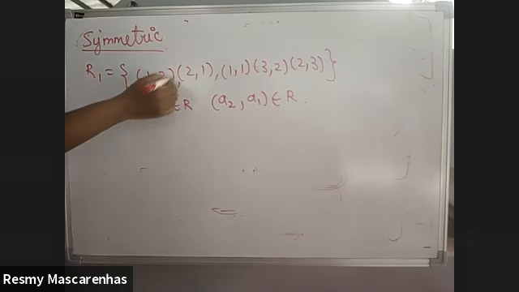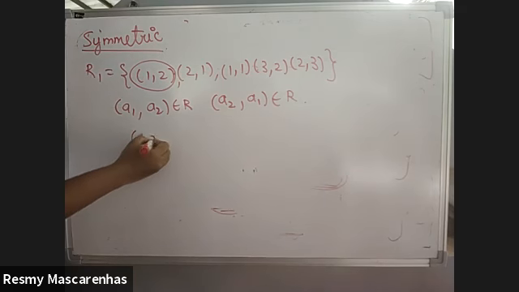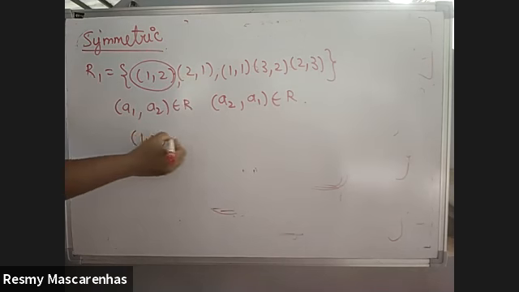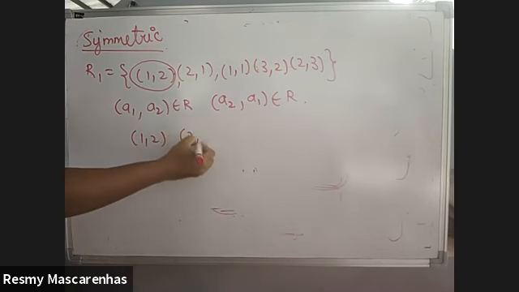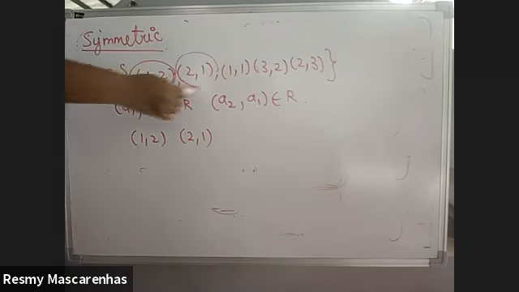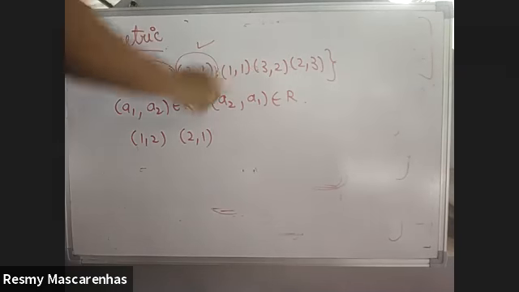So I'll take the first example. Look over here. What has been given? 1 comma 2 is there in that set. So you have to check whether its reverse is also there. What is the reverse of 1 comma 2? 2 comma 1. Is it there in the set? Yes. So it is satisfying the condition. So these two are there. Now move on to the next one.